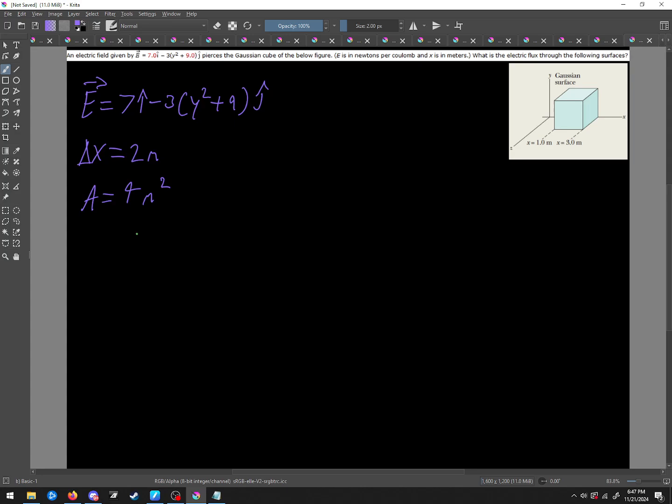And what do we know about Gauss's law? There's only like 2 equations on my sheet for Gauss's law.